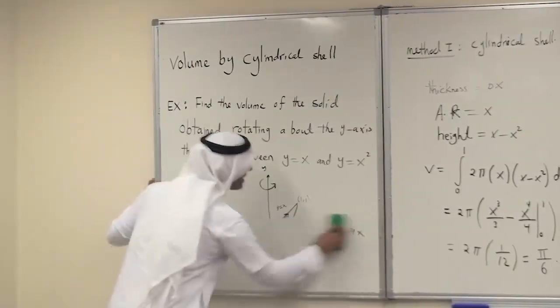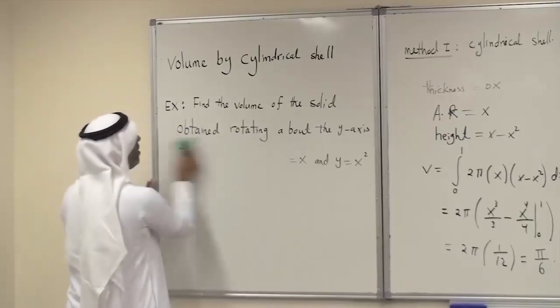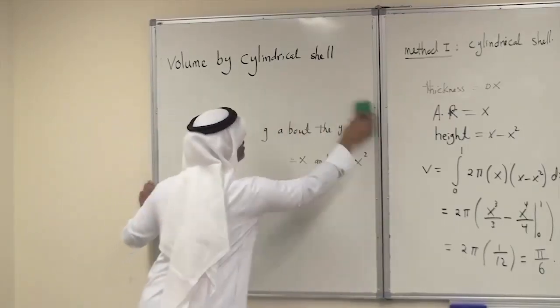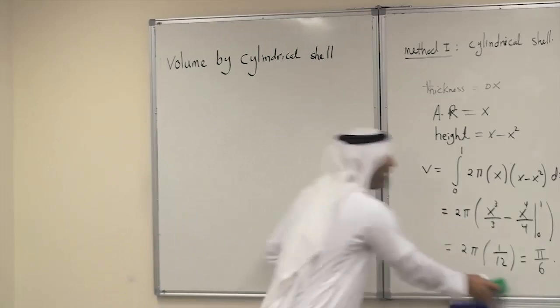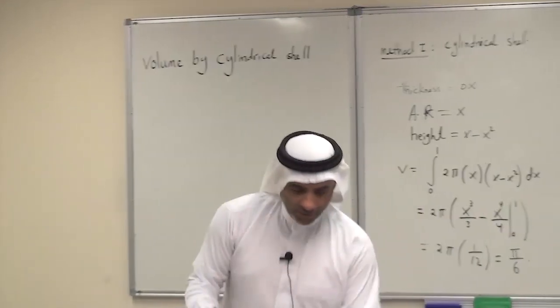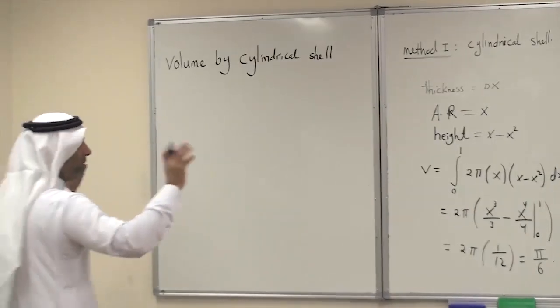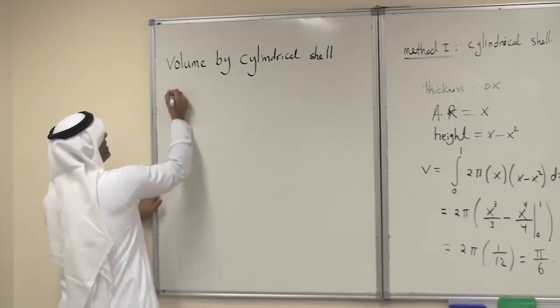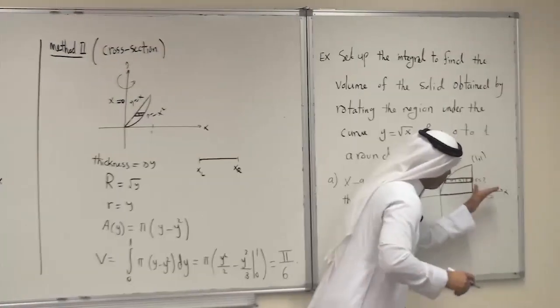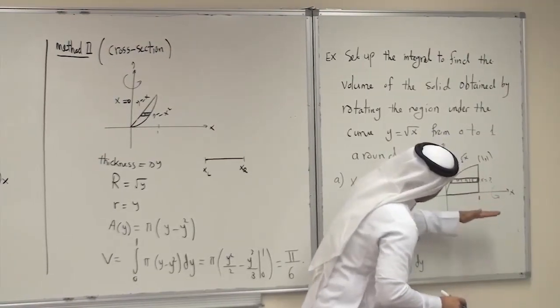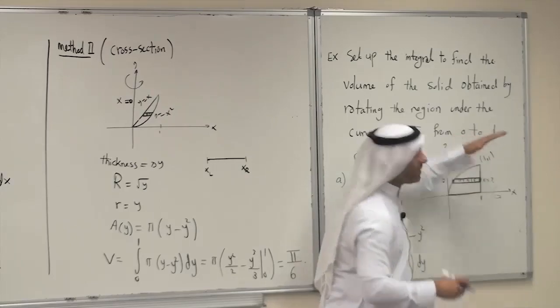Let us take the same example and play with the axis of revolution. We will change the axis of revolution and see what will be gained. Now, I will do the second part. Instead of taking the x-axis to be the axis of revolution, let us take it sometimes downstairs, sometimes upstairs, and see what will happen.